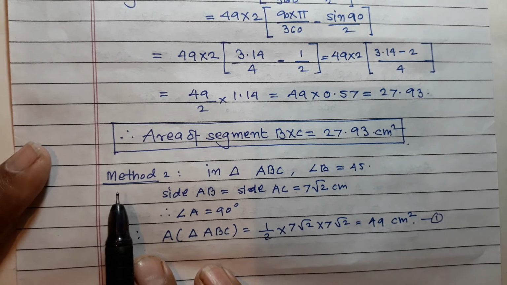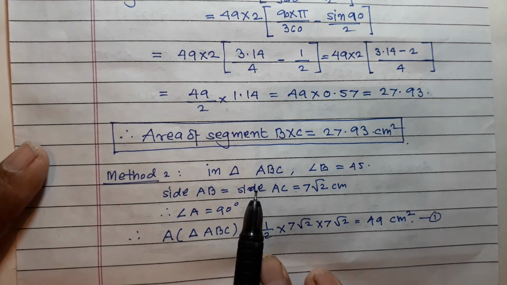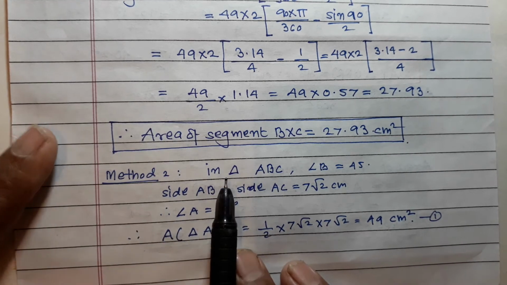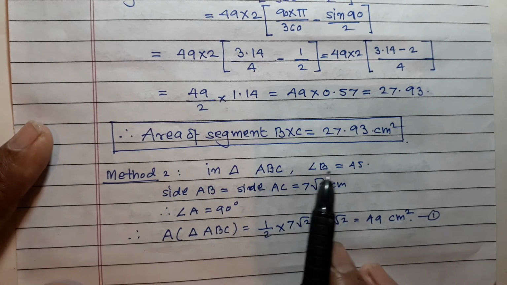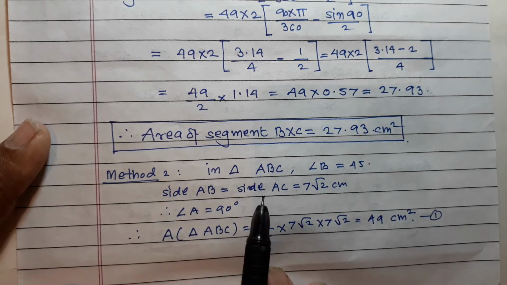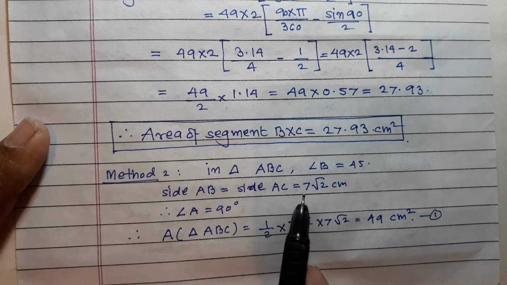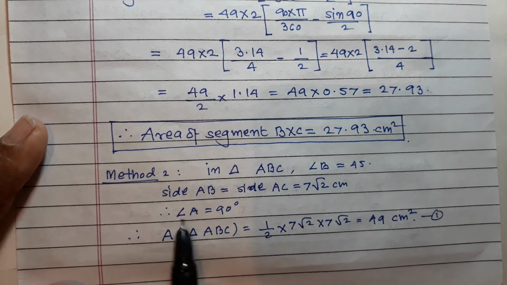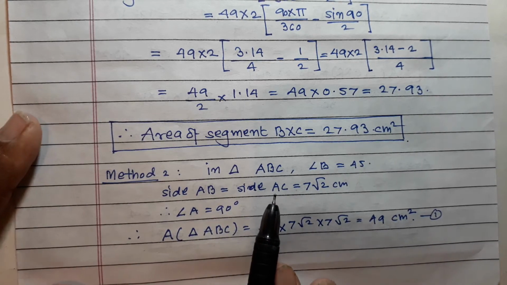question by some other method. Okay, so method number 2. In triangle ABC, angle B is equal to 45. Side AB is equal to side AC is equal to 7 root 2 centimeter given. Angle A is equal to 90.